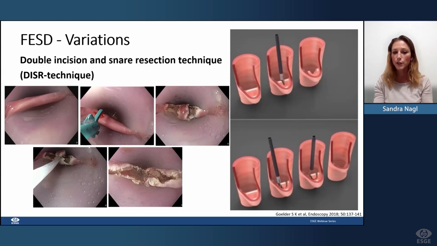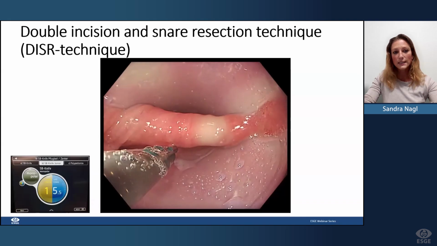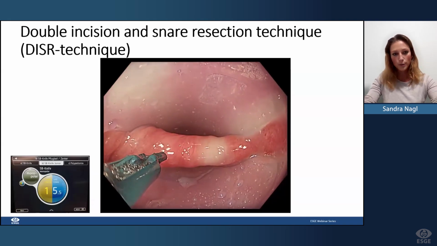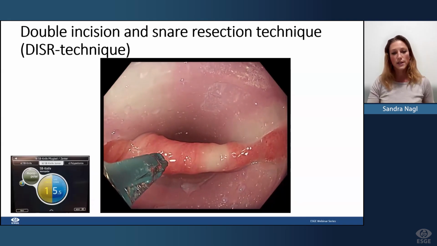This creates a U-shaped cutting line, which gives greater exposure of the muscle fibers in order to really get to the bottom of the diverticulum. This is the technique I routinely perform at our center.